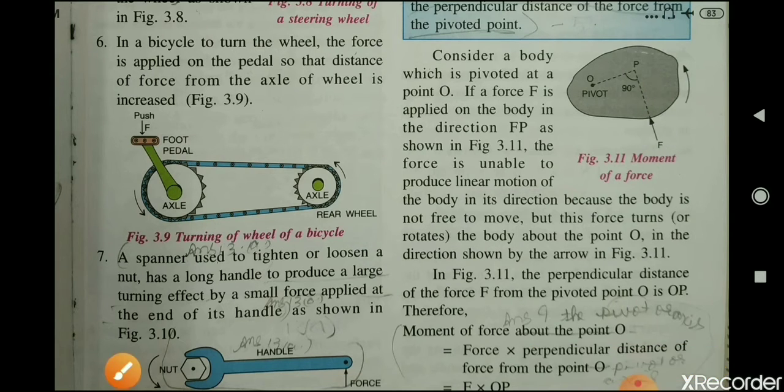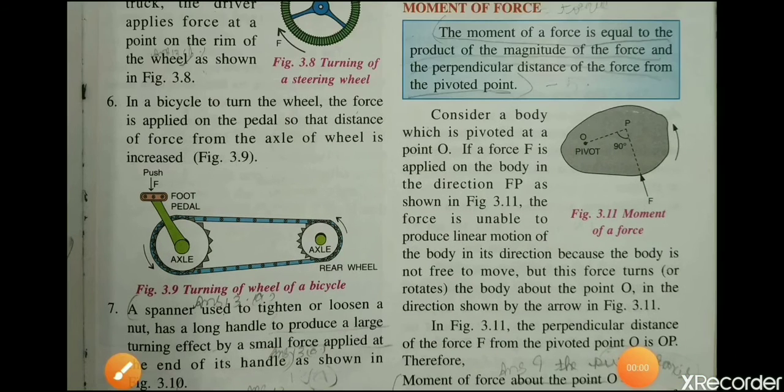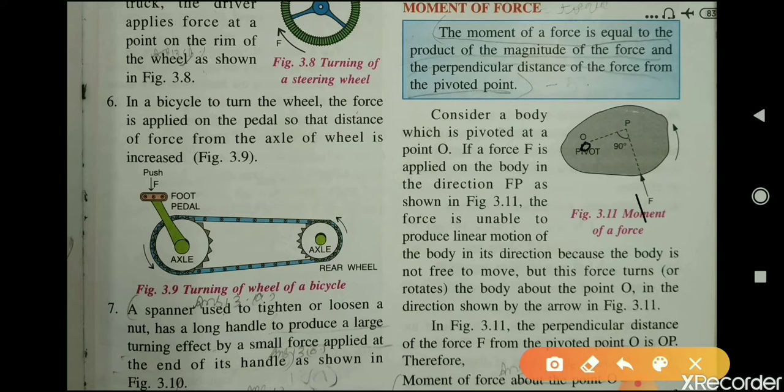Because it is already fixed at the point O. So as this body is fixed, when we apply the force on this body, it will not move in a linear motion. What will happen? This body will move in this direction from F to P.